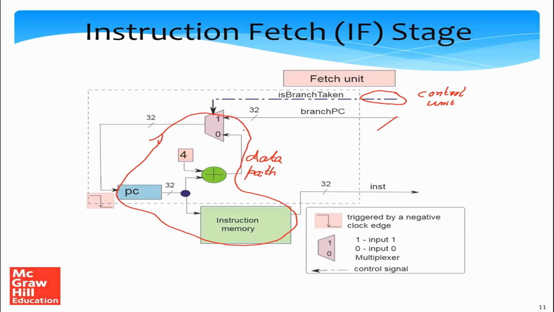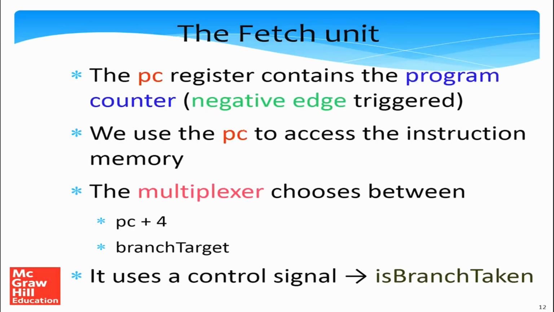So consider the data path as the network of roads, and consider the control path as the traffic lights and the controllers of the traffic lights. The network of roads pretty much is a static entity, but the traffic lights control how the cars flow in the network. We can think of the control path as something similar inside a processor.